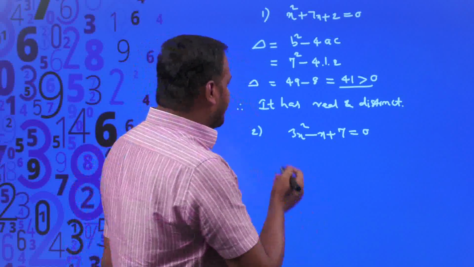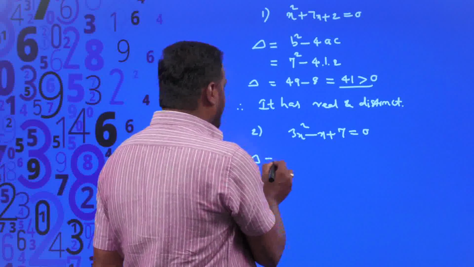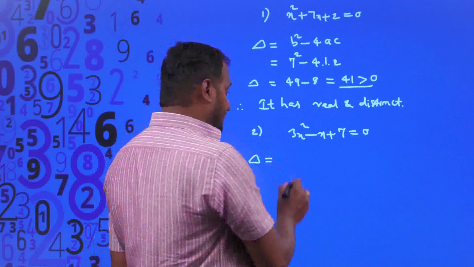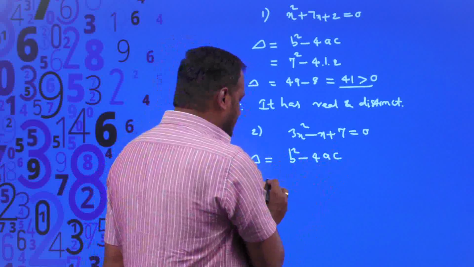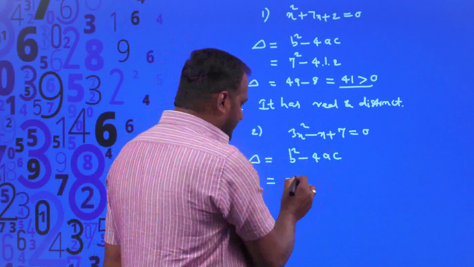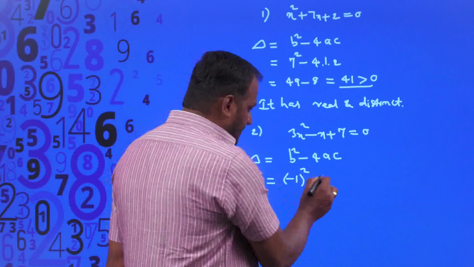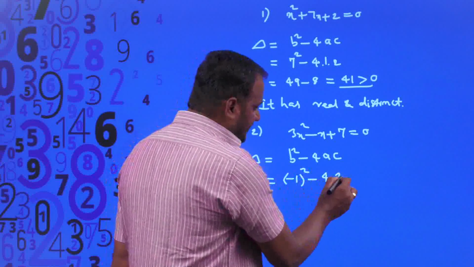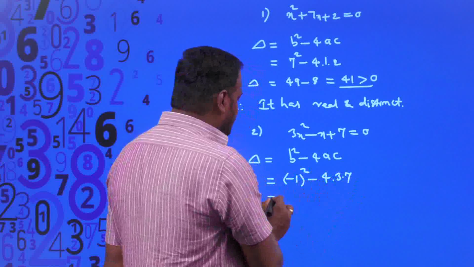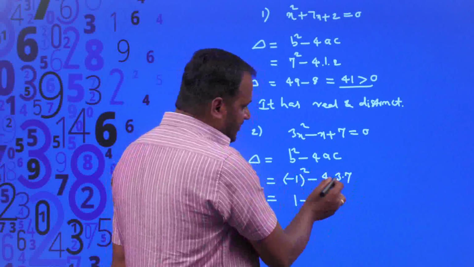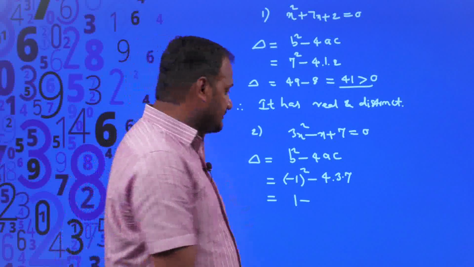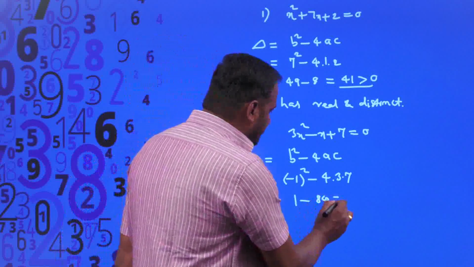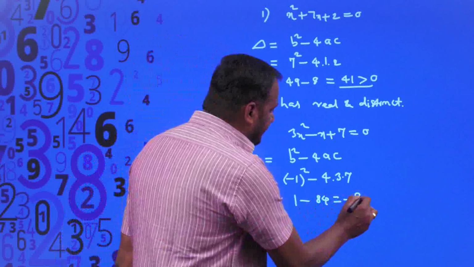For that, again you will have to find the value of delta, which is equal to b square minus 4ac. b is minus 1, whole square, minus 4 times 3 times 7. Minus 1 whole square is equal to 1, minus 4 threes are 12, 12 sevens are how much? 84. Then it is going to be negative 83.